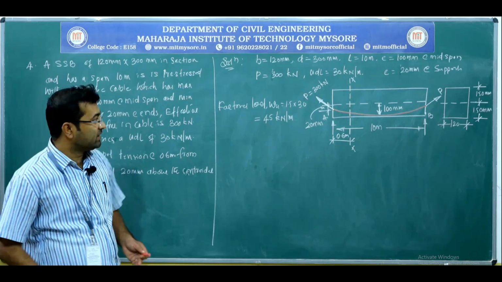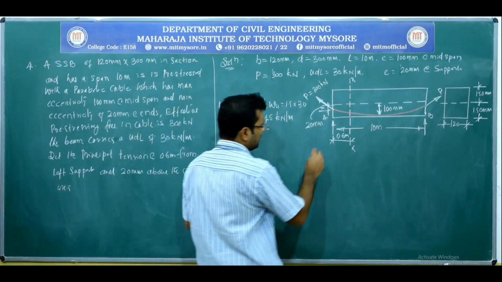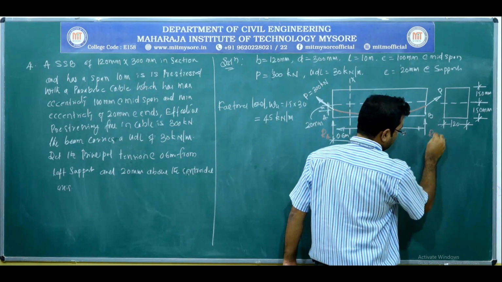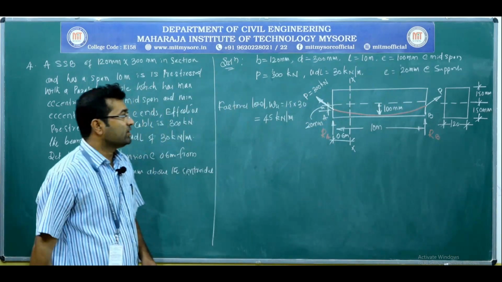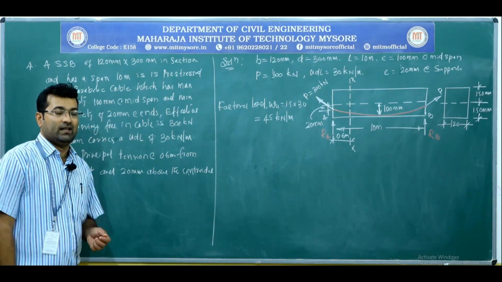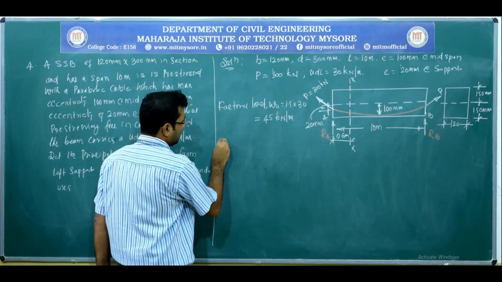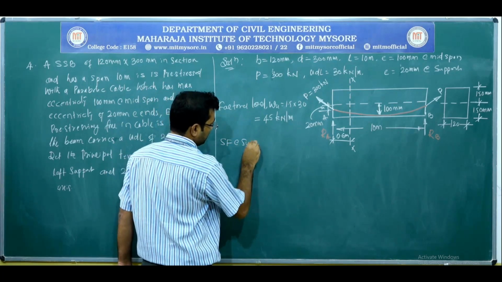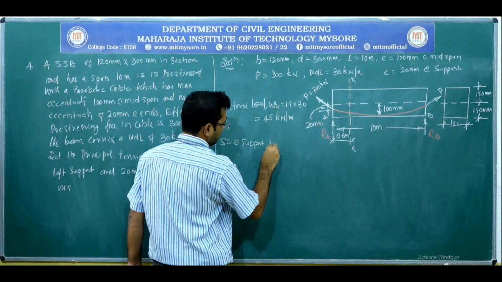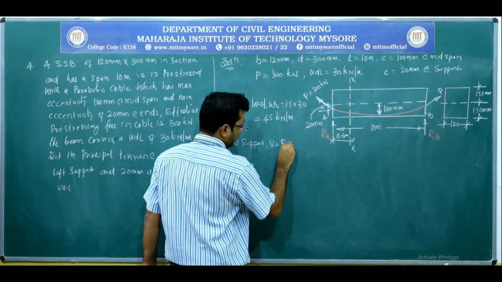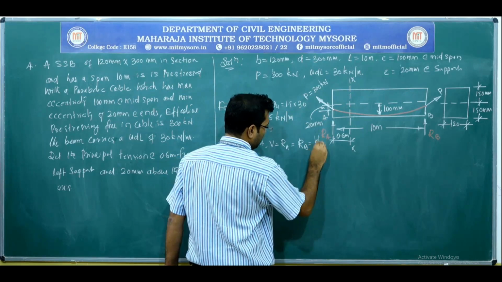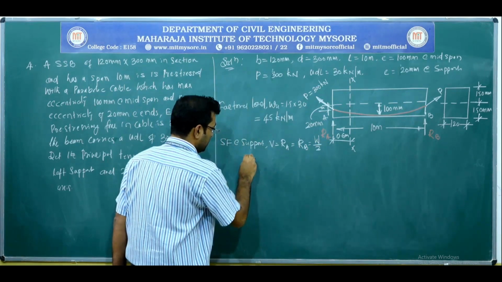So once we have the load, next we need to work out the reactions RA and RB, which is nothing but the shear force at the ends. That is shear force at support. V is equals to RA is equals to RB is equals to total load divided by 2.